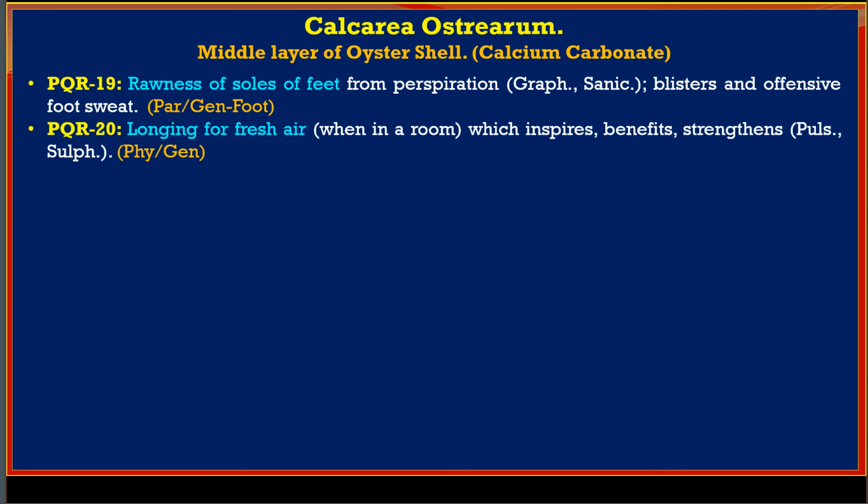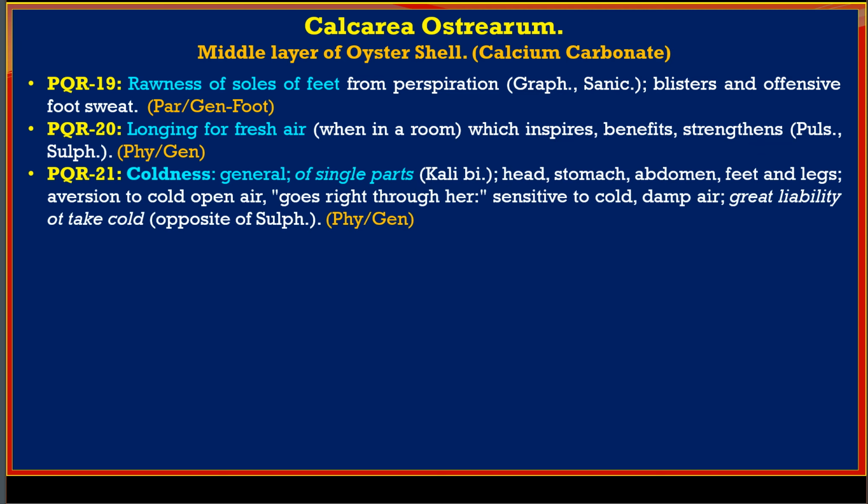We have PQR 20, longing for fresh air, when in a room, which inspires, benefits and strengthens, like Pulsatilla and Sulphur. This is a physical general where in spite of the fact the patient is chilly, would like to have open air which helps him to feel better.